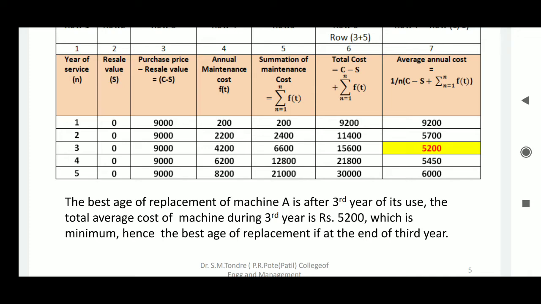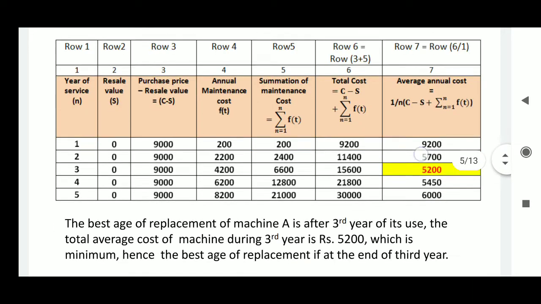This 5200 is minimum, and again in the fourth year this cost is going to increase. So the best age of replacement for this machine A is the third year. The machine should be replaced at the end of third year, and the minimum cost at this point is rupees 5200, while during the fourth year the cost is going to increase, hence we can use that machinery up to the third year. So this is our answer.